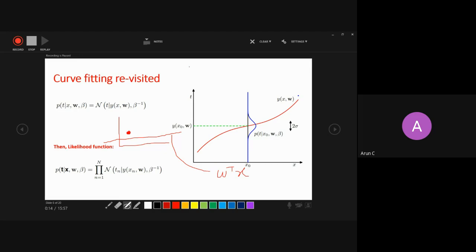There is a constant, and there is an exponent here, minus half, x minus mu whole square upon variance, right?